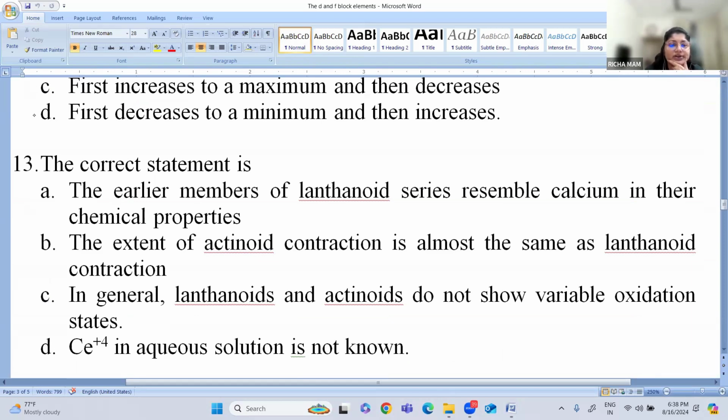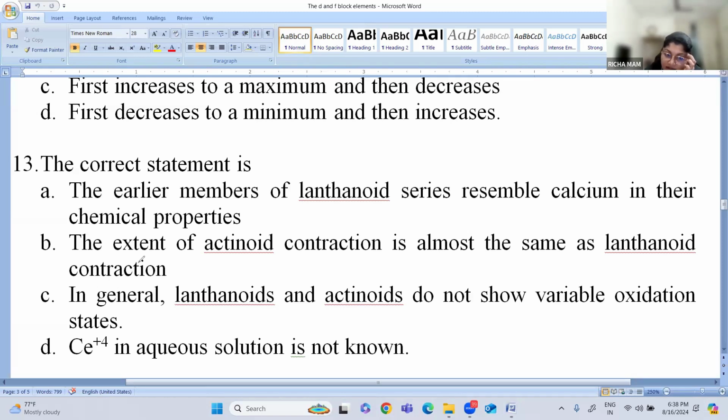Now here, the first statement is: A, the earlier members of the lanthanide series resemble calcium in their chemical properties. B, the extent of actinoid contraction is almost the same as lanthanoid contraction.